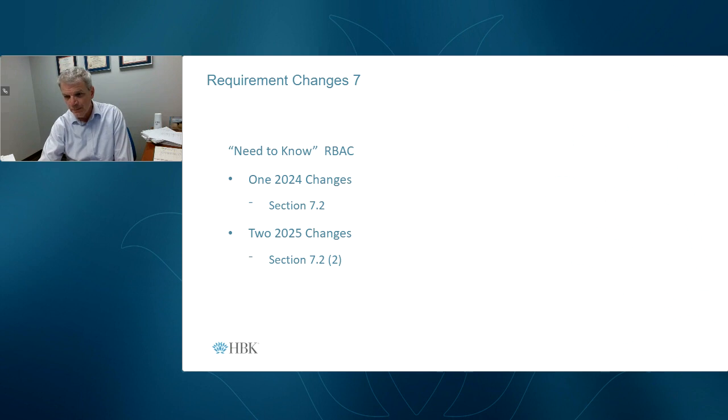So again, pay attention to the details. You can download from the PCI standard site. It's got that green PCI logo, so you know you're at the right place, and you can download the actual 4.0 requirements.